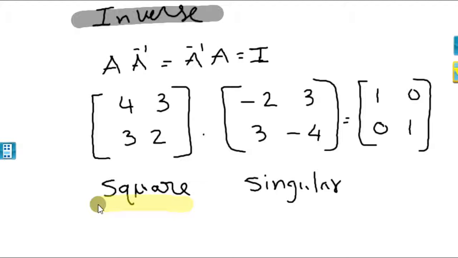Not all square matrices have inverse. A square matrix without an inverse is called a singular matrix. For example, let us see this matrix here. 4, 3, 3, 2 is the original matrix, and 2, -3, -3, 4 is the inverse matrix. When you multiply these two matrices, what we get is an identity matrix.